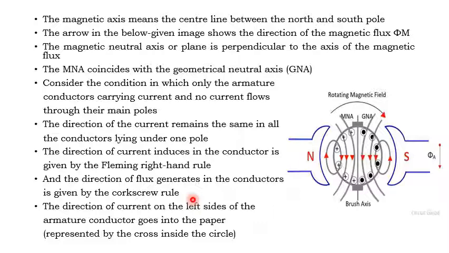Now what is the direction of the flux generated? Just consider a screw, and tighten the screw on the surface of a body. Whatever be the direction of rotation during tightening, that represents the direction of the flux.